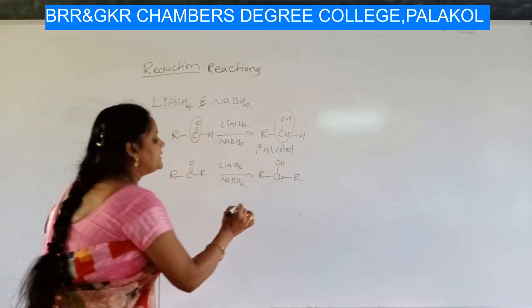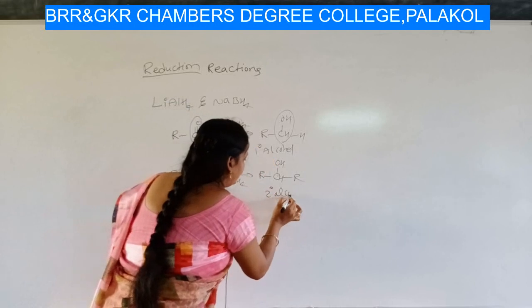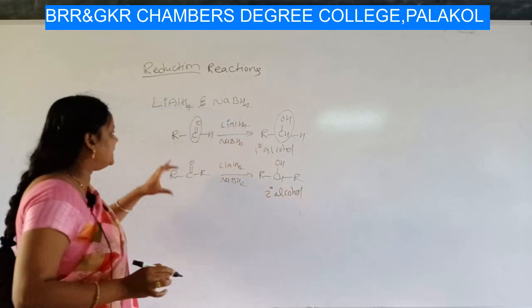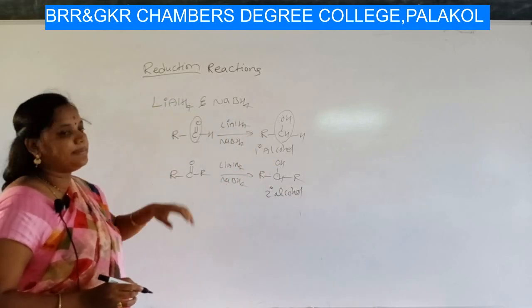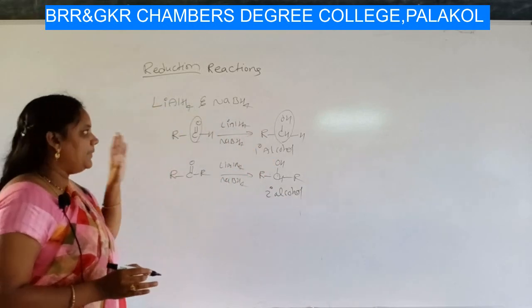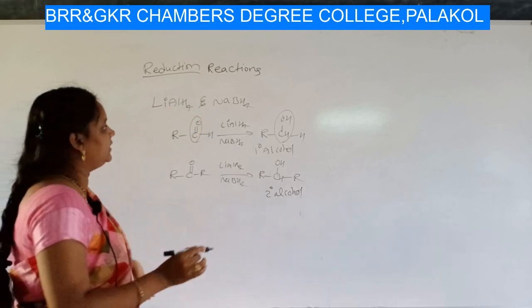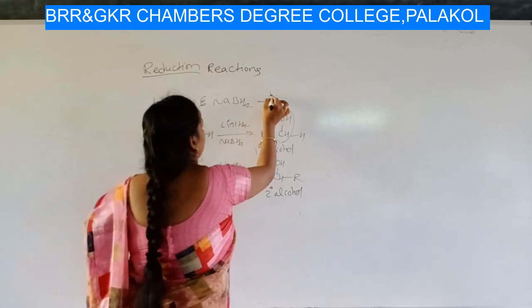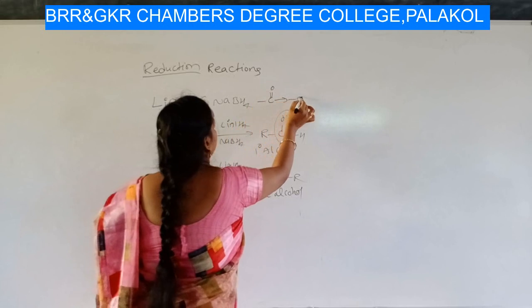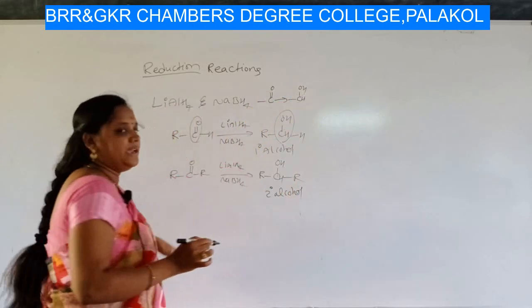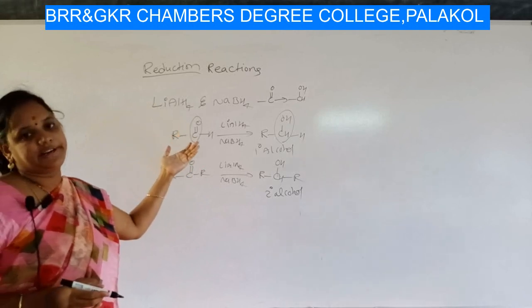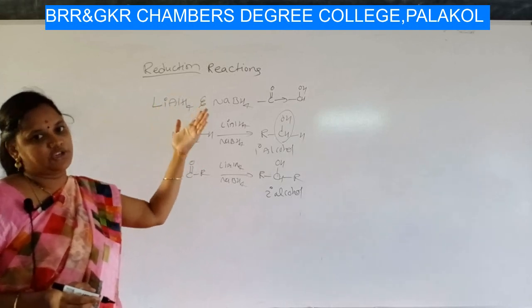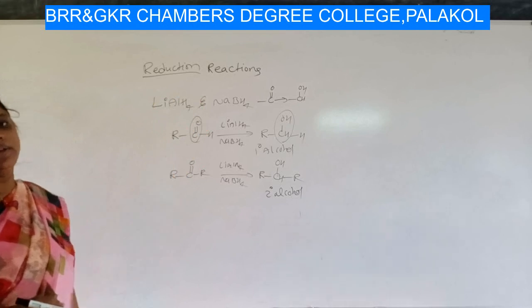You are getting secondary alcohols. In this way, you can distinguish aldehydes and ketones. The main point to remember in this reduction is that C=O is getting converted into CHOH.